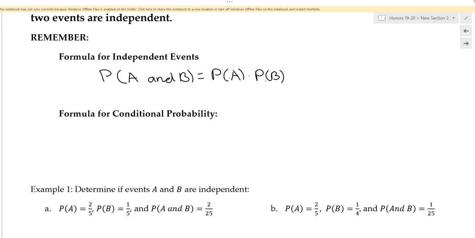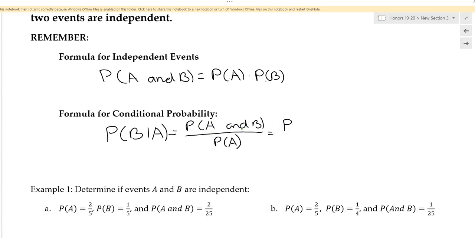Okay? Similar for conditional probability. Conditional probability is a little stranger though, right? So we have probability of B given A, which equals the probability of A and B over the probability of A, right? Well, as we looked at yesterday, if I can find that and probability, we can use this.